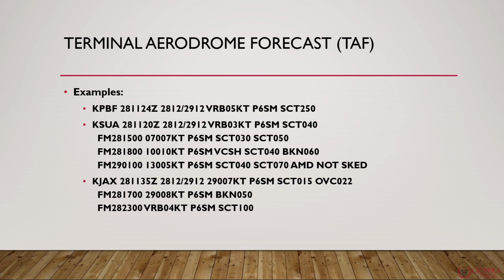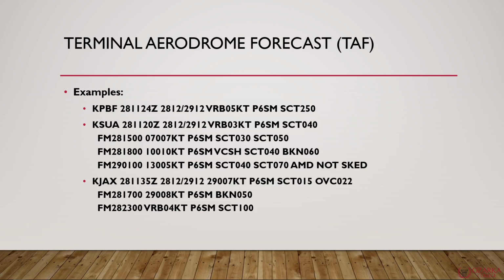So the next one is from KSUA, Sierra Uniform Alpha. It was issued the 28th at 11:20 Zulu. It's valid from the 28th at 1200 Zulu to the 29th at 1200 Zulu.